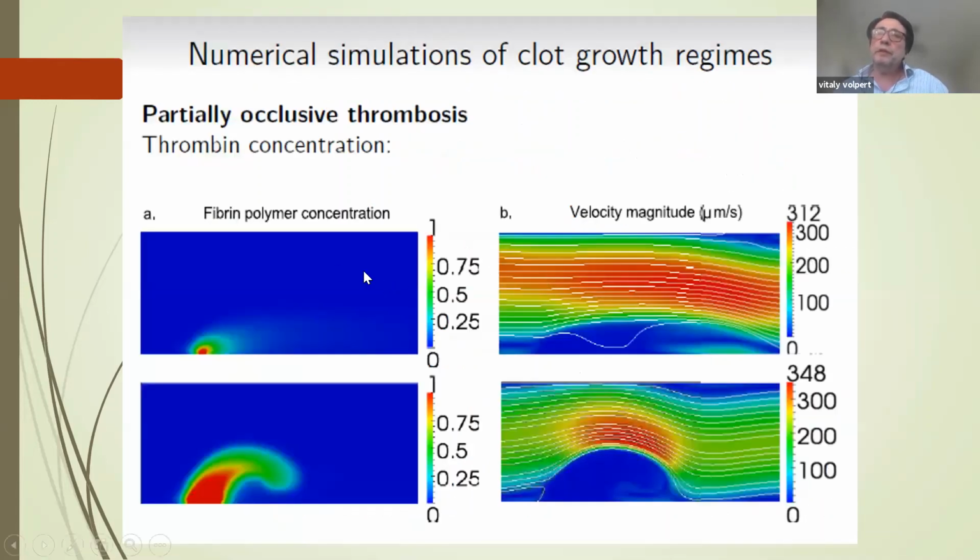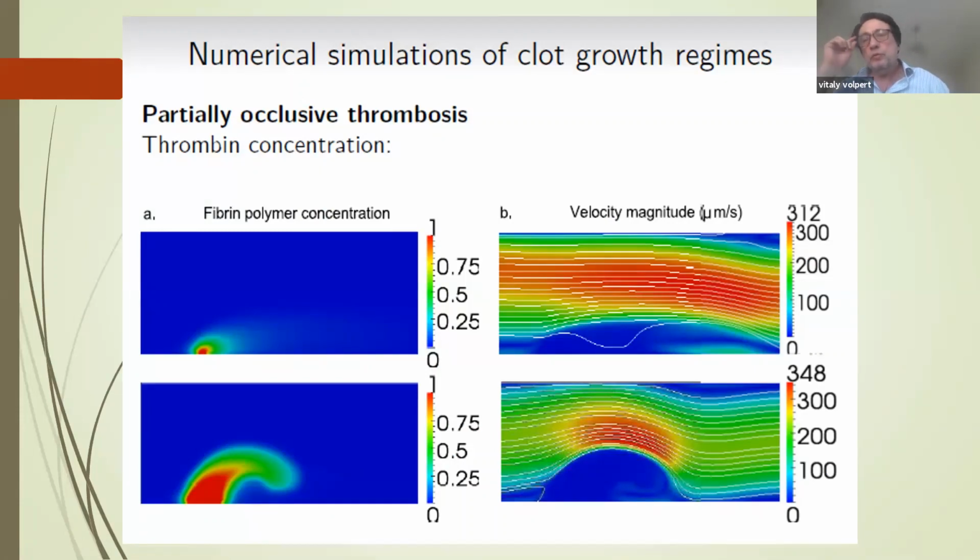And the main difference here is that before, the concentration was just a circle here, because flow comes from the left, so it changes the form of the clot. And not only does it change the form of the clot, it can also change the size of the clot.